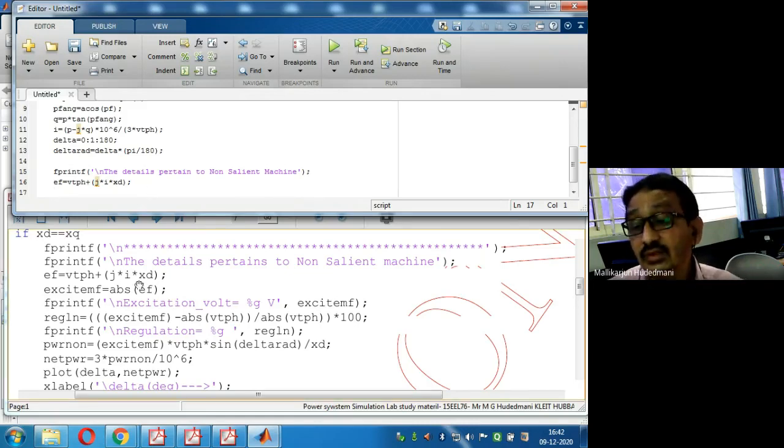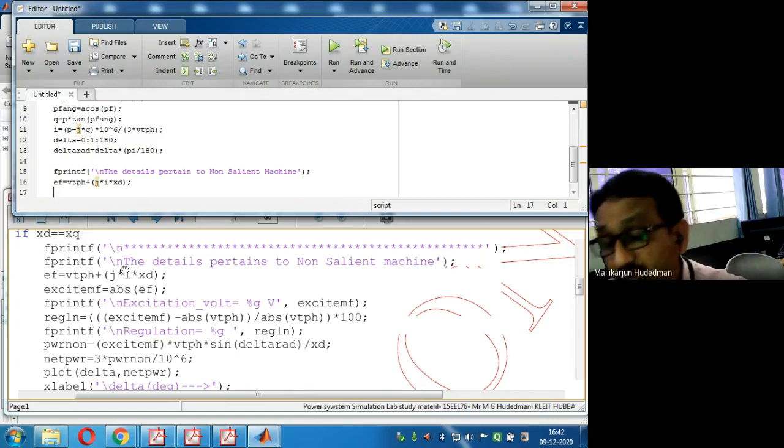Then, when I made this EF, excitation EMF, I want to write it separately. This keyword is extra. I showed you how to make some variable common between part 1 and part 2. So I do here EXCIT EMF. You should be a little careful about what you declare. You should be using it.